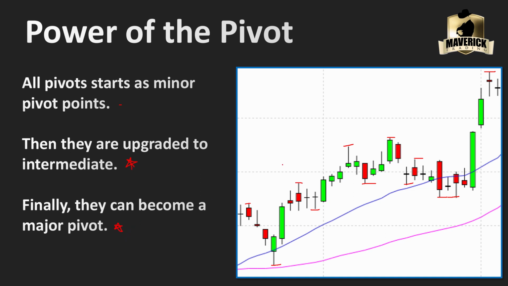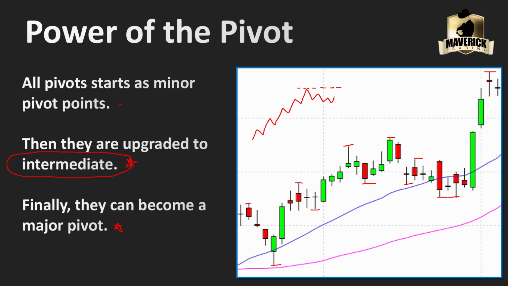Now, within an uptrend, you will be making lots of little minor pivots, all of these pivots to the upside. On occasion, you'll stall out and there will be a corrective phase. That upgrades this pivot up here, this peak, this pivot high. It is now considered an intermediate or kind of a trend stalling pivot.